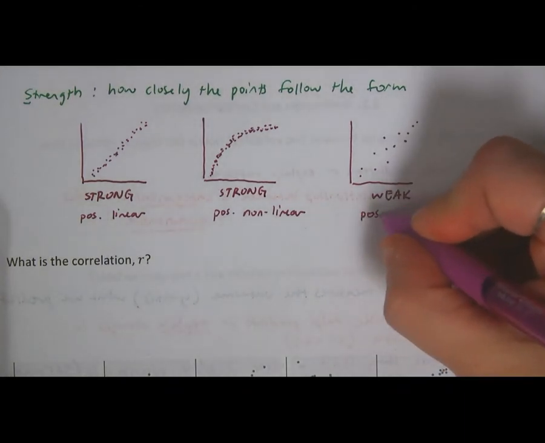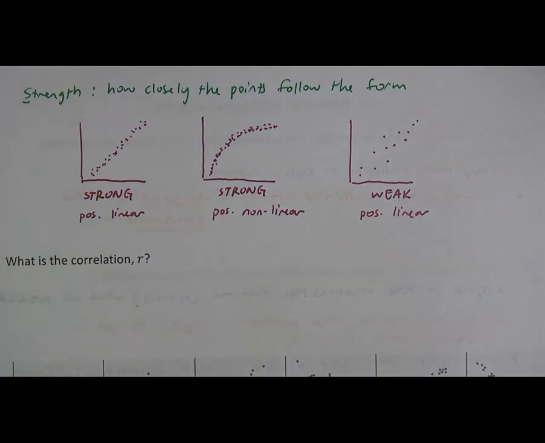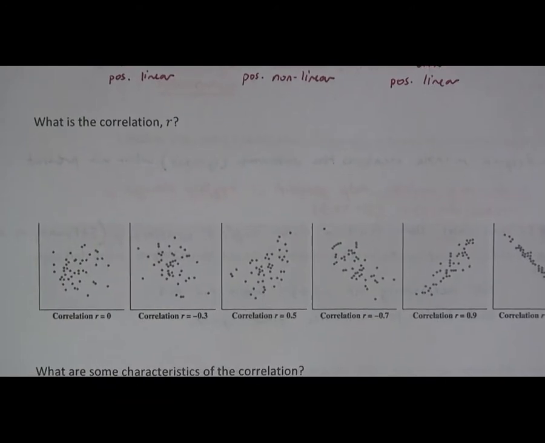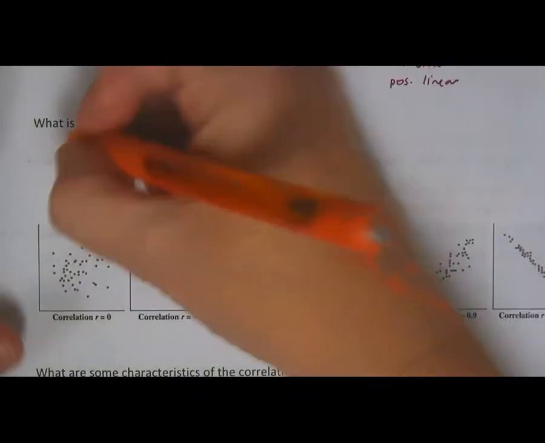This would still be positive and linear. There's something that will help us measure strength and direction, and it's called the correlation, and the variable that we use for that is R. And so it says, what is it? Well, it helps describe scatter plots.